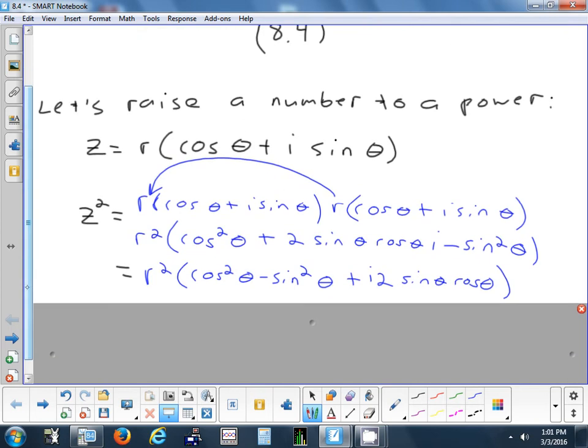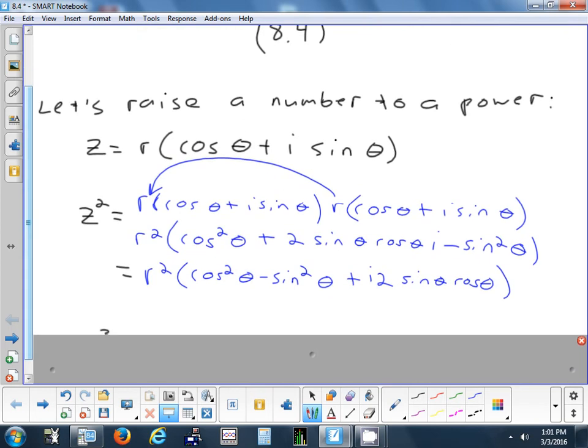Okay, any questions on that stuff? Now from here, we have to recognize 2 identities. There's one there, and there's one there. The second one might be easier to recognize first. Does anybody remember what 2 sine cosine is? I think it's one we looked at in section 7.5.